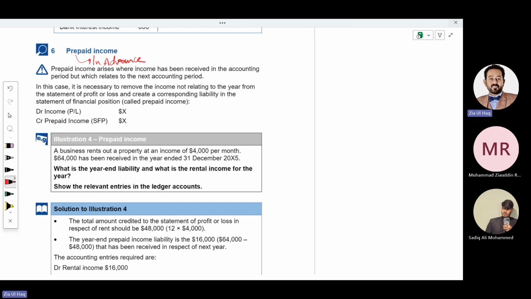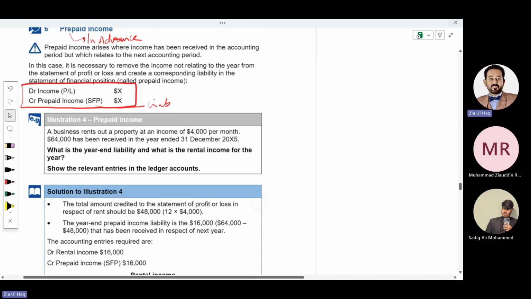And the accounting entry will be income debit, prepaid income credit, because we need to provide services in future. Either we will provide services or we will return the amount. So this is due from us, meaning liability. So we'll credit prepaid income in the statement of financial position as a liability.